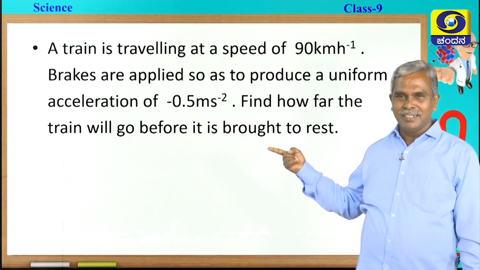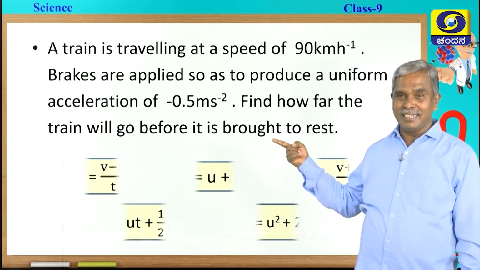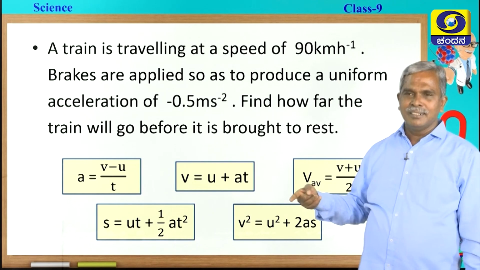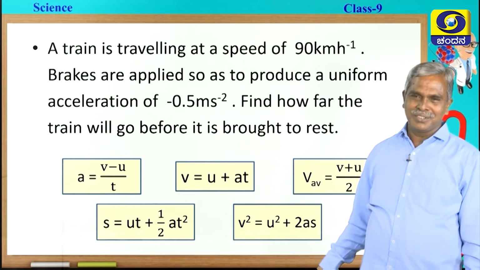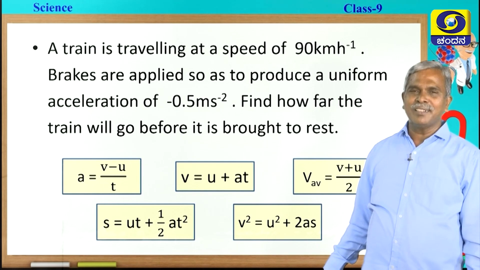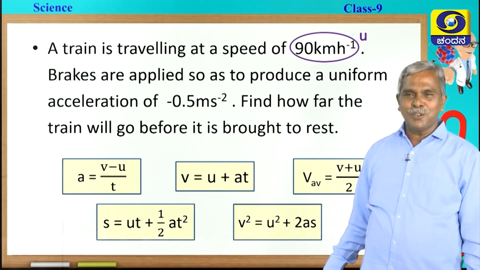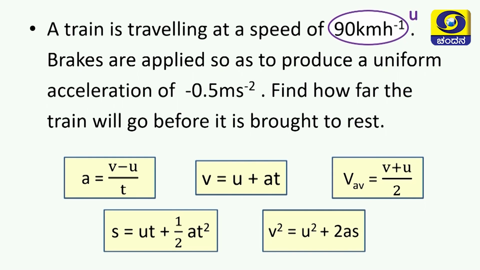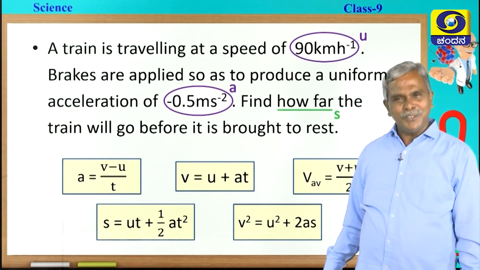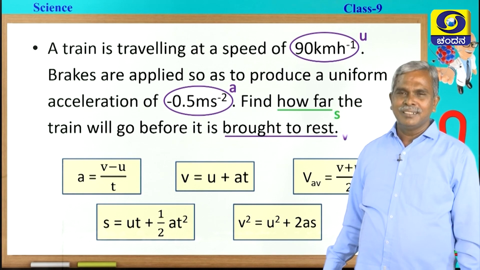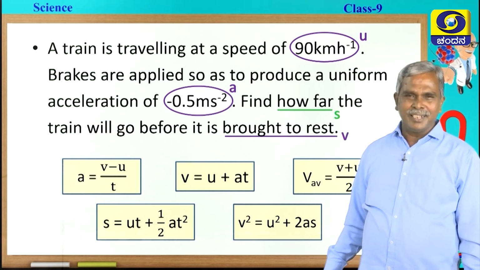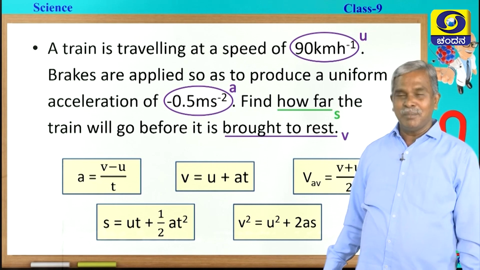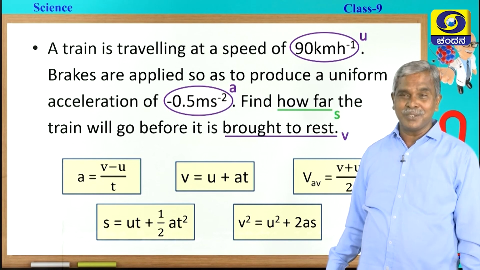I told it orally. Now, let us represent what things they have given. Out of these, which equation do you need to use? Before that, let us see what is given. 90 km per hour is the initial velocity they have given, a they have given, s you need to find, then v they have given, because if it is going at a certain speed in the beginning, v must be equal to 0.